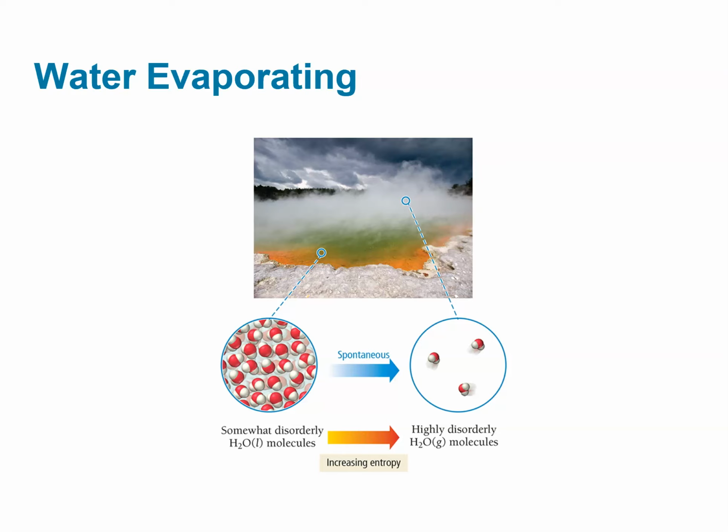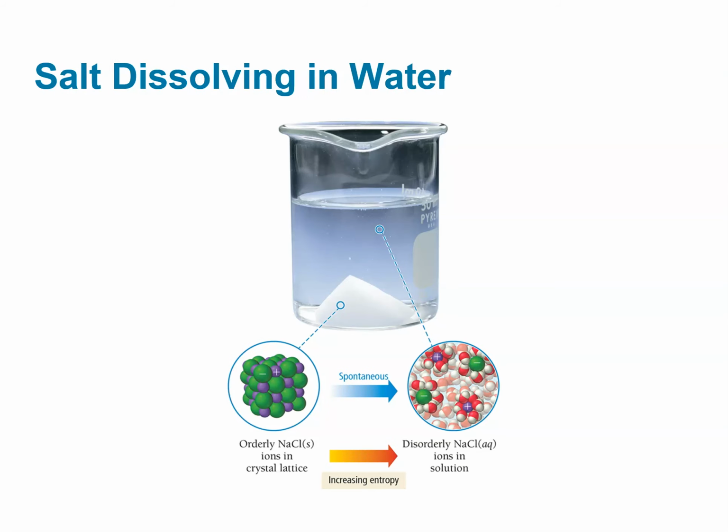A third example would be sublimation, where you go just straight from solid to gaseous form, and we see that up here all the time as well. Third example, dissolving of salt in water. And we talked about this just very quickly, but what's leading to this is not just the energy level of the ions, the orderly bonds between the sodium and the chlorine in this crystalline salt form that we start with, but it's also the entropy in the reactant side and the product side.